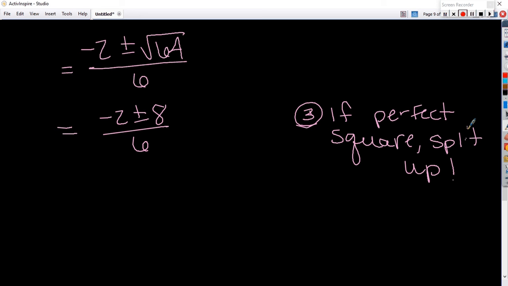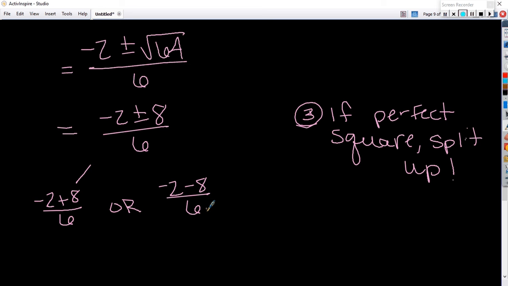What I mean by split it up is, this says plus or minus, right? That means negative 2 plus 8 over 6, or negative 2 minus 8 over 6. All this from one problem.